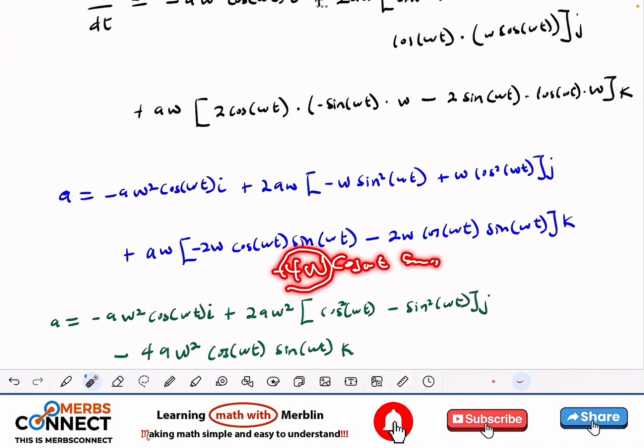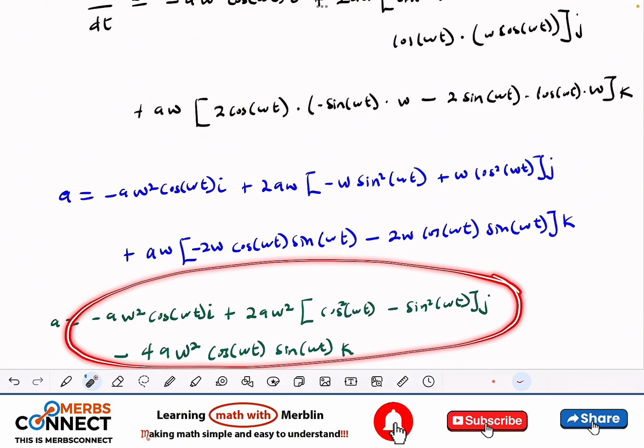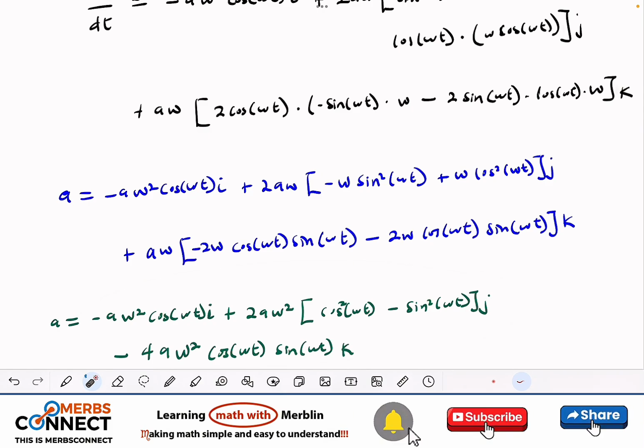Then when I multiply this one by this, I get minus 4a omega times omega, which is omega squared, and I have my k. So this is what we are going to get at the end of the day when we simplify.